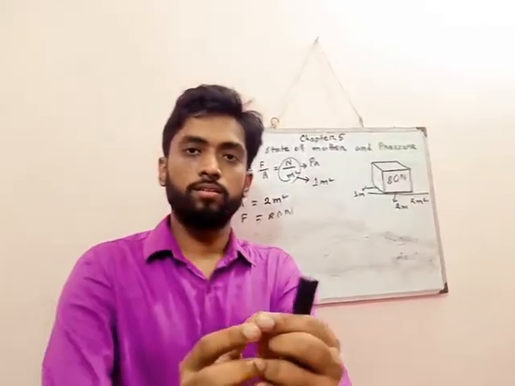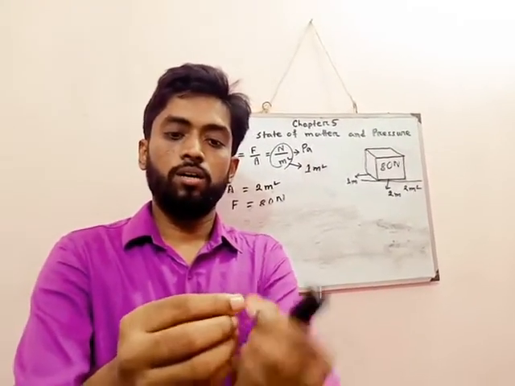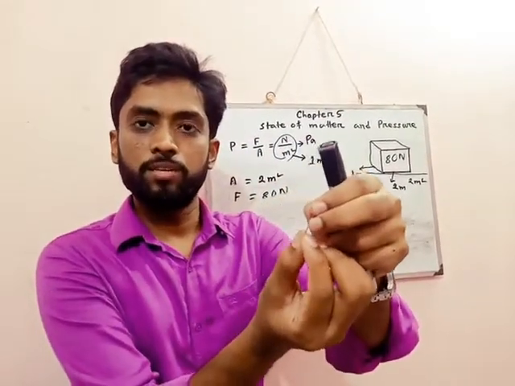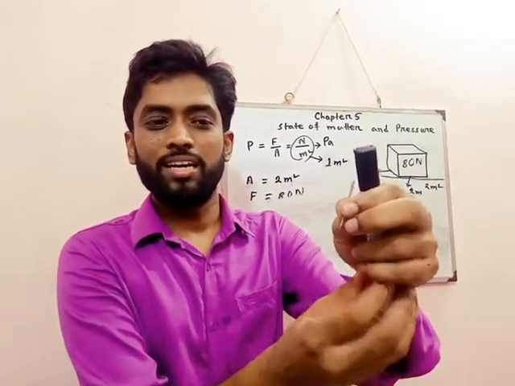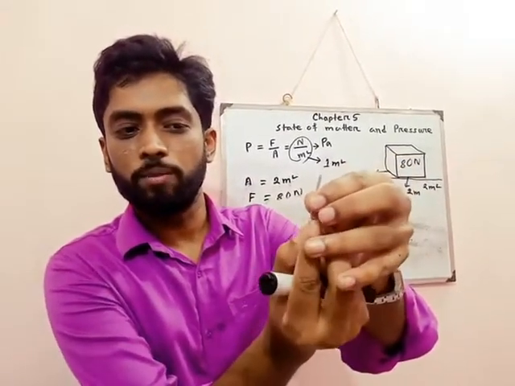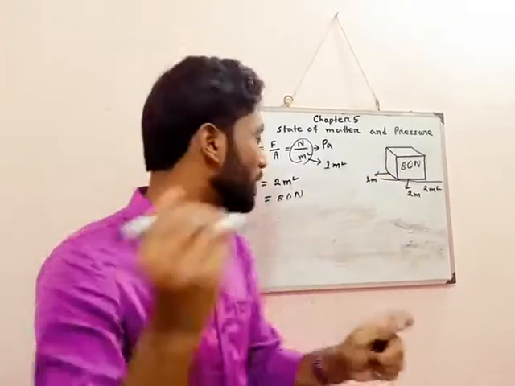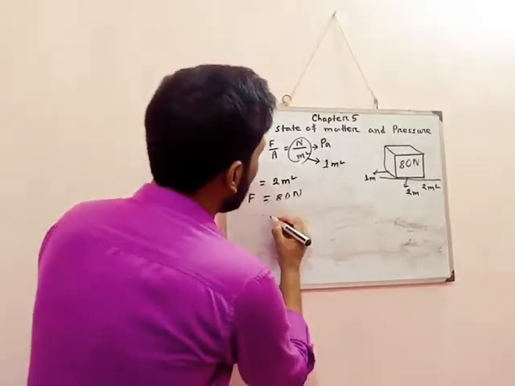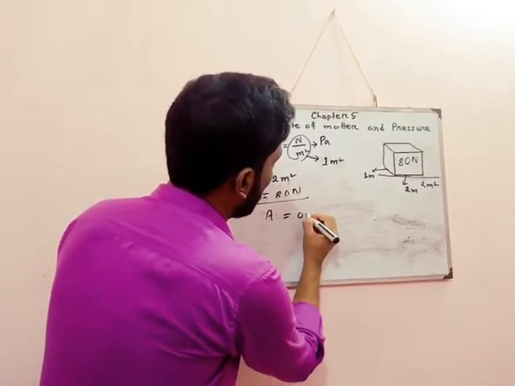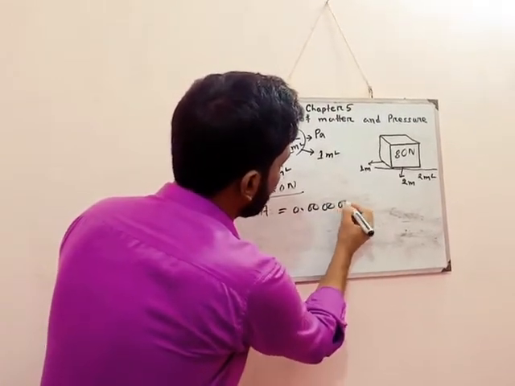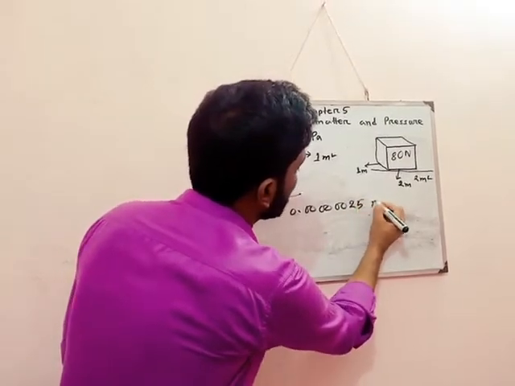Consider this pin. At its very tip, the area is very small. The area of the tip of the pin is approximately 0.00000025 meter square.